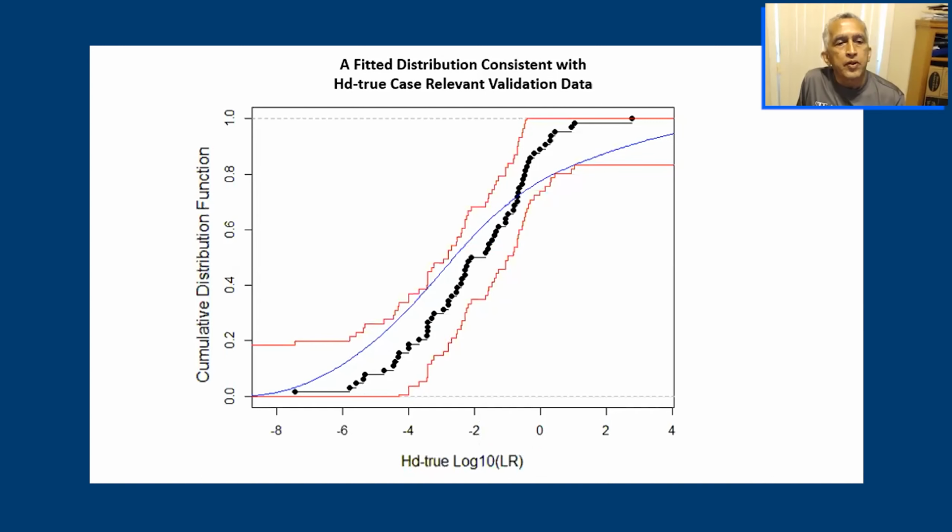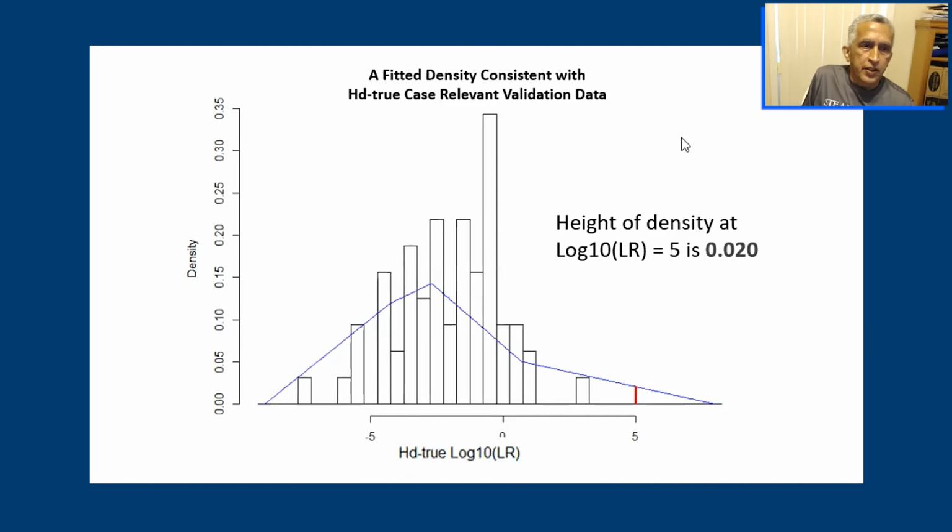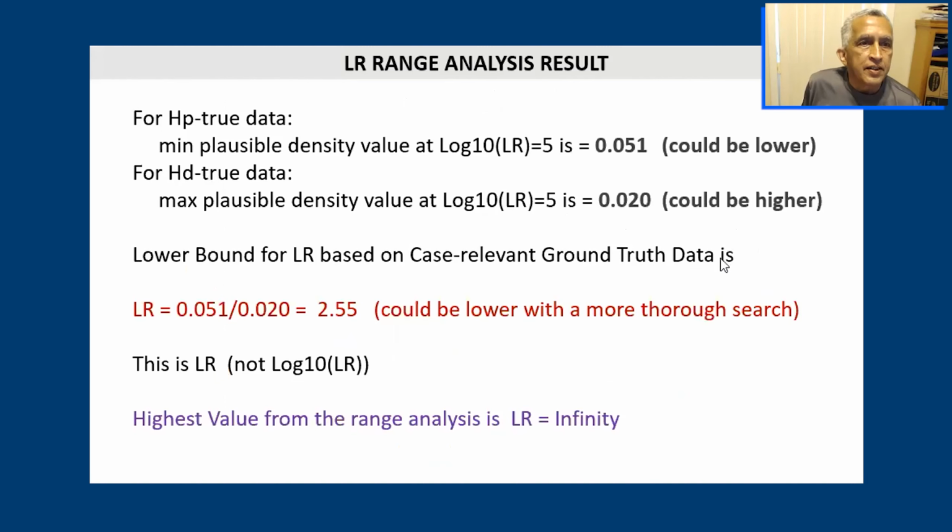Similarly, you consider the largest possible density value for the denominator of the likelihood ratio. Here is the density, and the value at point of interest is 0.020. So what is it that we have thus far? For HP true data, the minimum value that could be justified for the numerator of the LR is 0.051.